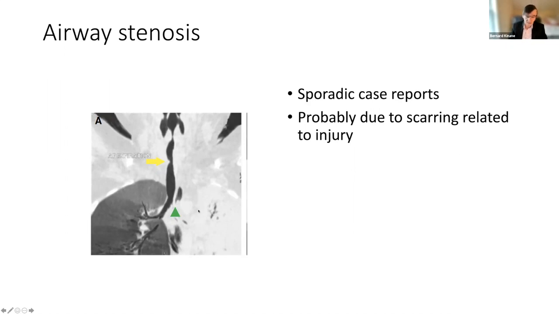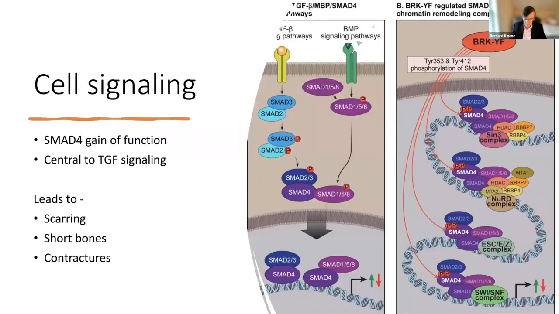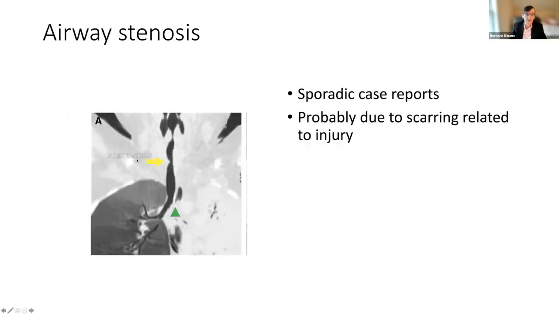Now, there are a number of case reports in the literature, and one particularly well referenced is the one from the Mayo Clinic. This here is probably similar to the mechanisms of Myhre syndrome that you know already. It's probably due to increased scarring of the airways. So if you get an injury in the airway, you ultimately end up getting scarring.